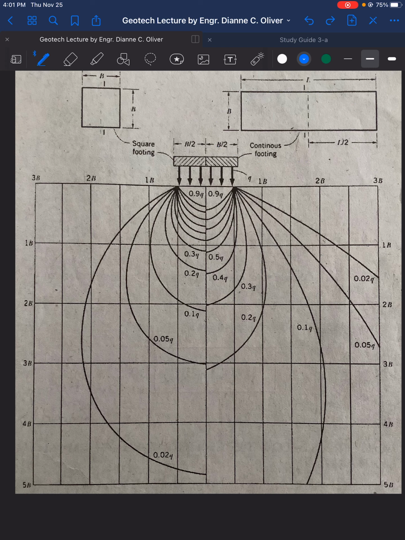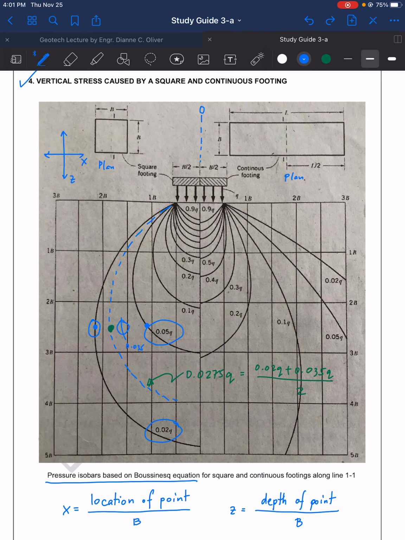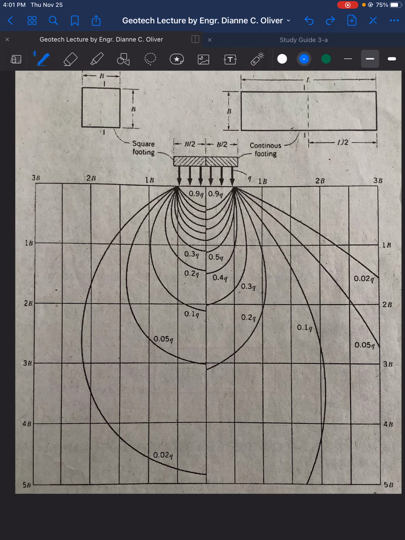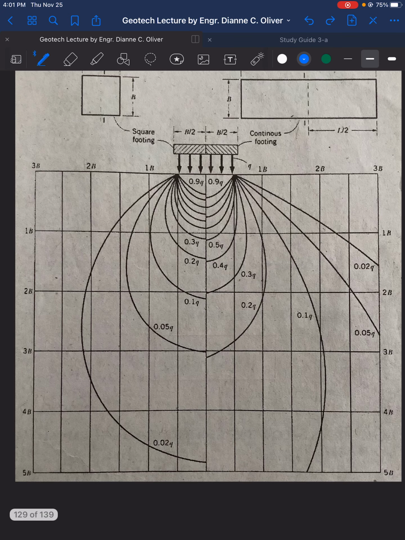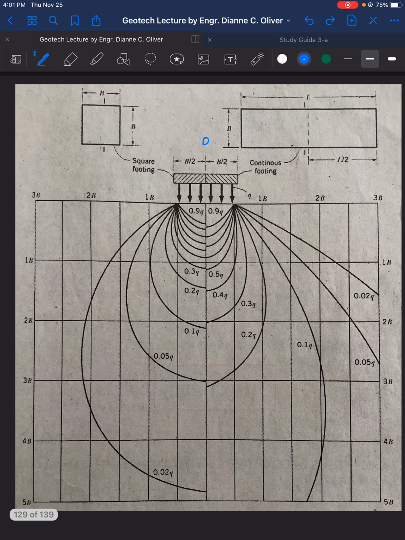Since our problem is a rectangle, we are to use the rightmost one, the continuous footing, having this as the base and L as the length.